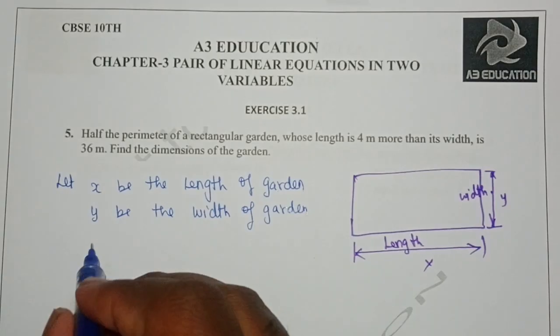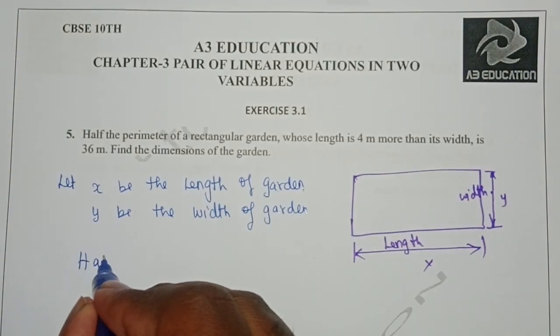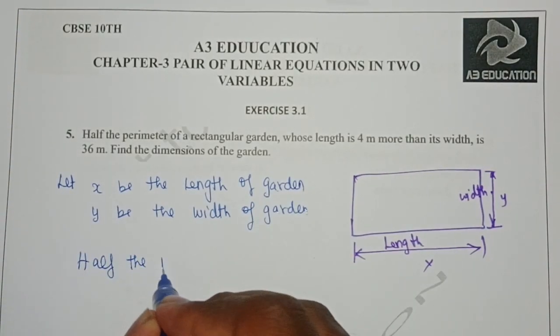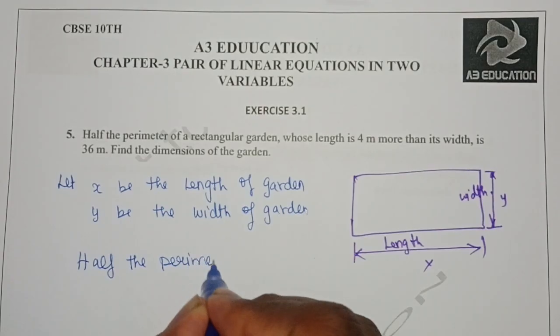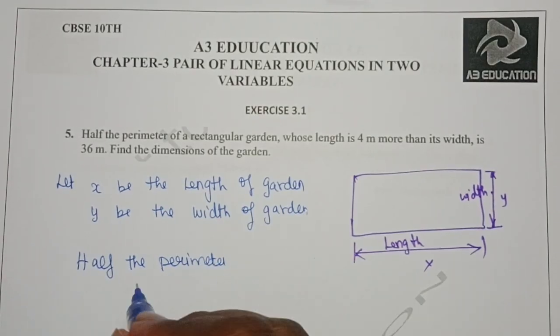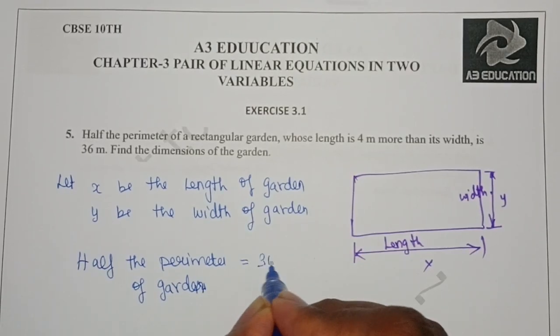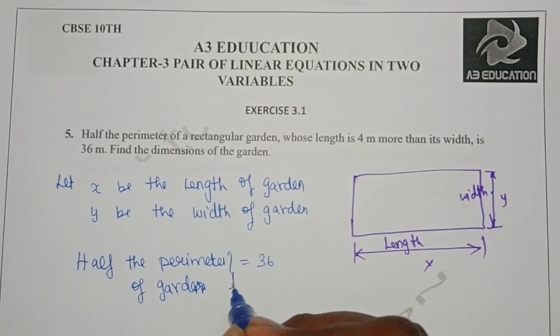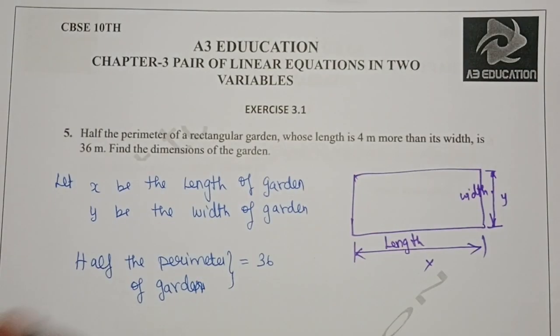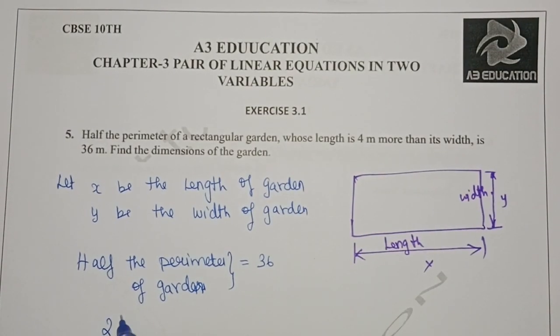The first condition given is that the perimeter of the garden is equal to 36. The perimeter formula is 2(L plus B).